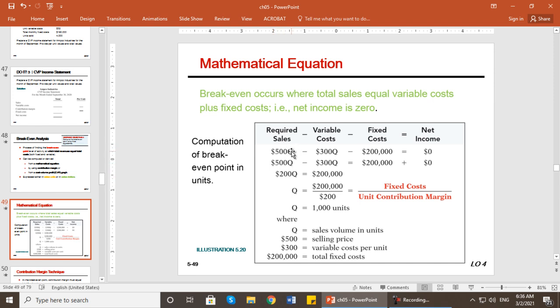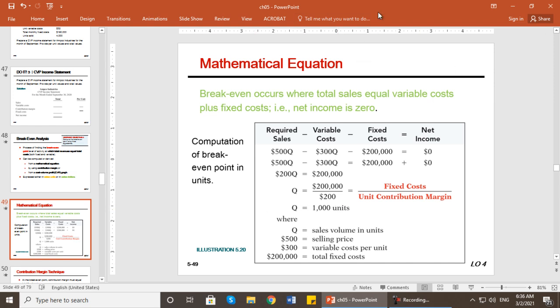Required sales: 500 per unit times Q, less variable cost 300 times Q, less 200,000 equal net income 0. So Q equals 200,000 divided by 200, Q equals 1,000 units. So break-even point equals fixed cost divided by unit contribution margin, also 1,000 units.